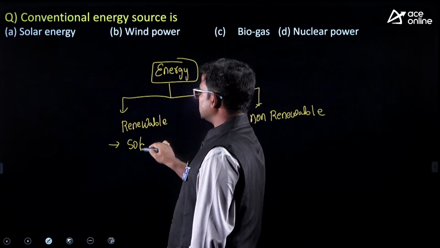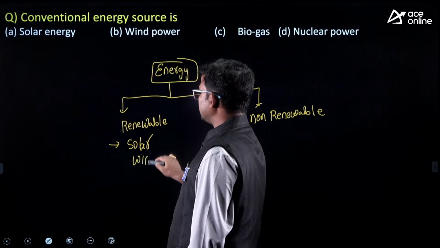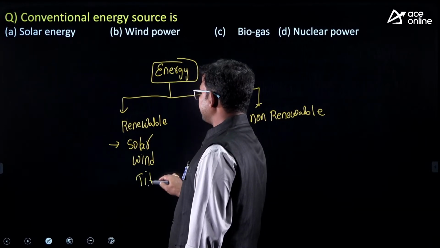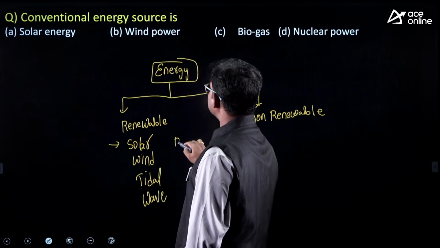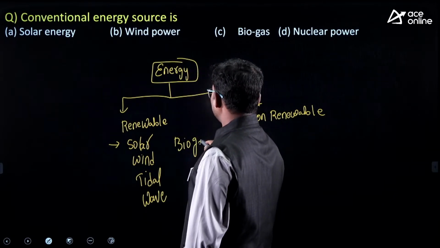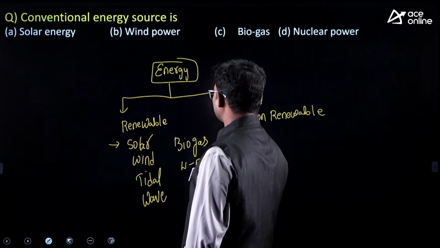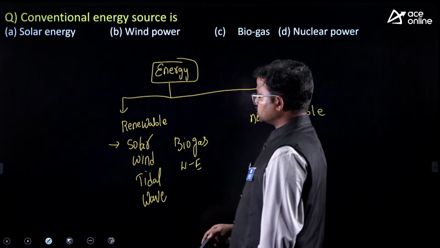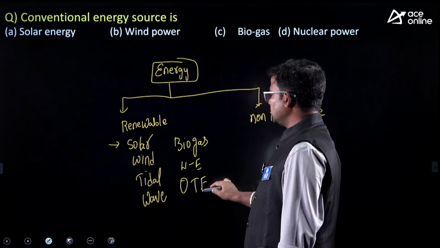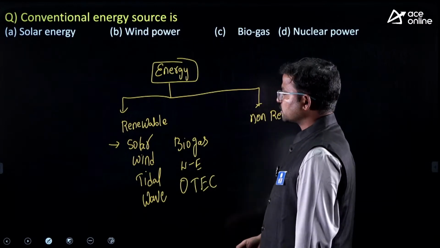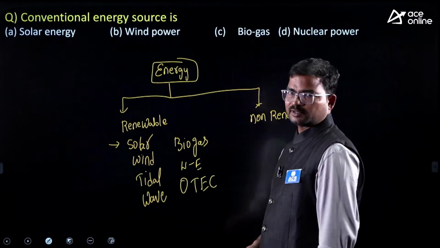Solar, next wind, next tidal, next wave energy, next biogas, waste to energy, and ocean thermal energy conversion. Almost all these are considered as the major examples of renewable energy.